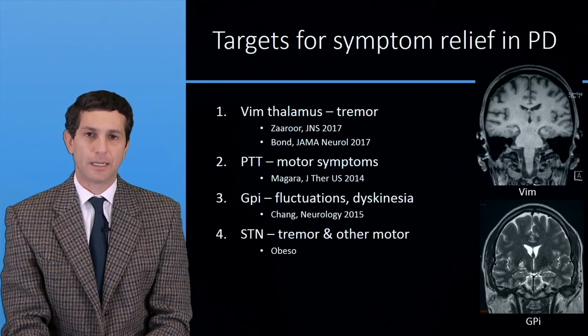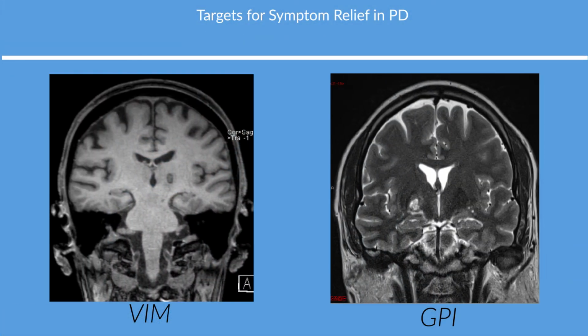And this has been trialed in Korea and Toronto, and there's now a large randomized controlled study being organized internationally to study this further. And then in Spain, Jose Obeso and his team have made subthalamotomy ablations in an early phase pilot study for the management of motor symptoms of Parkinson's disease.